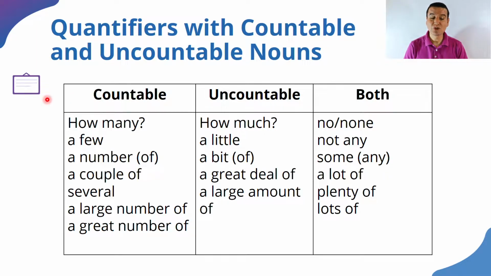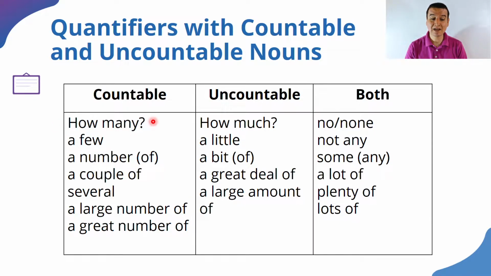First of all, let me show you this question. The question that we have for countable nouns is how many. It means that when we are asking that question, we are usually requiring that the answer describes a quantity of that particular noun. If we say how many, we are asking about something that is quantifiable.